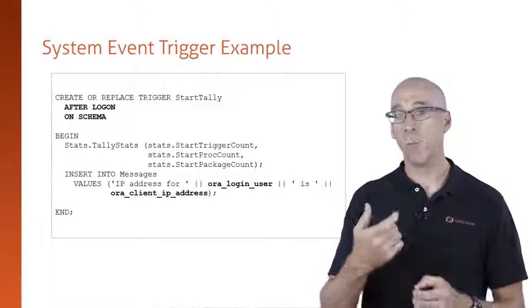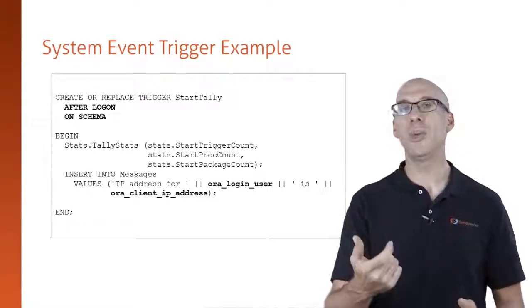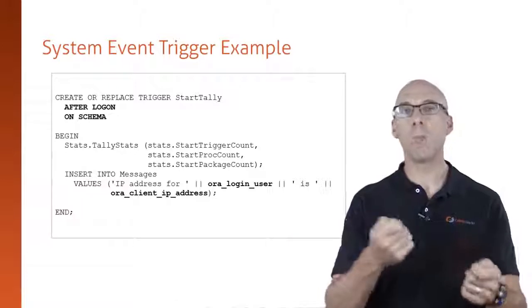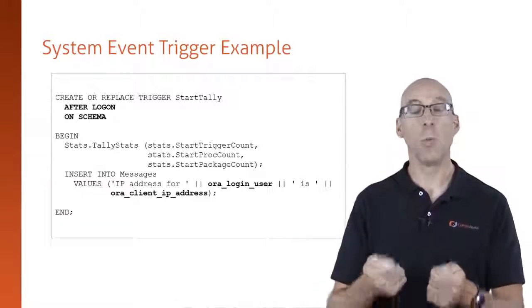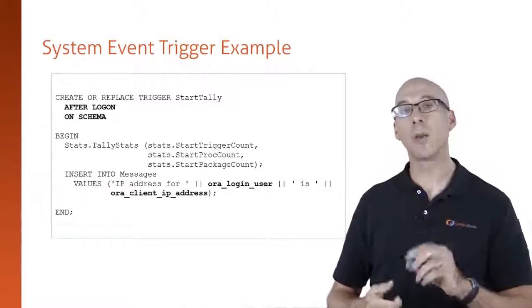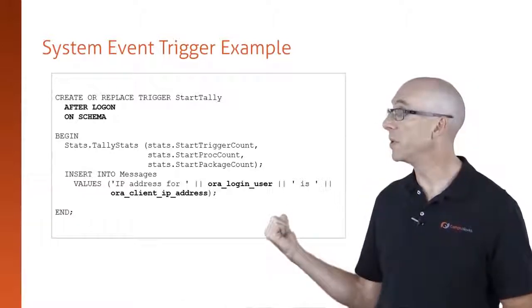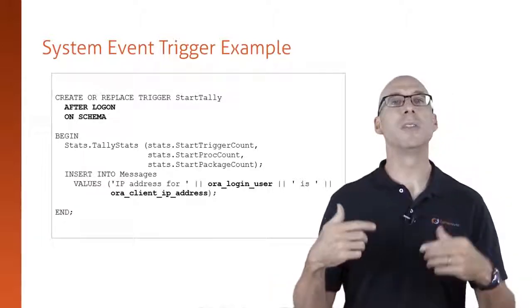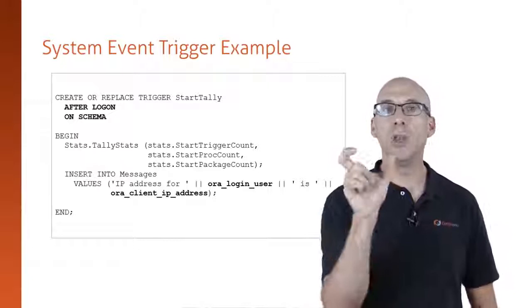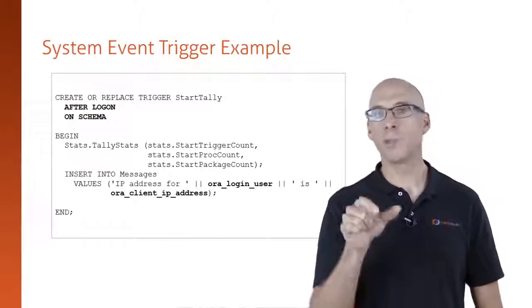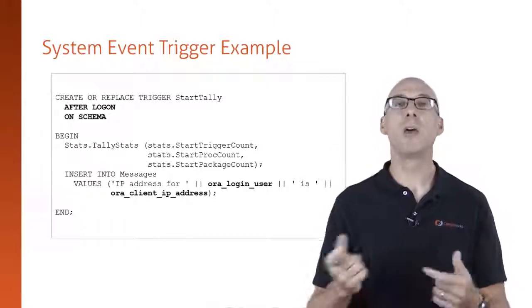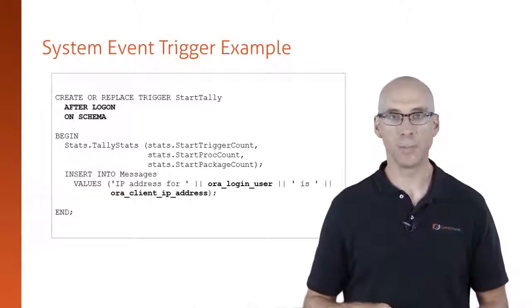So now, if we can track the IP address and the username, now we can track where people are logging into the database. What is their IP address? Not only that, we can start performing some tests on that table to see, okay, we know these 5 different IP addresses, what's this one? So you can find out who's actually logging into your system.